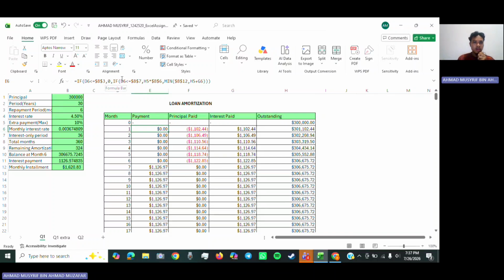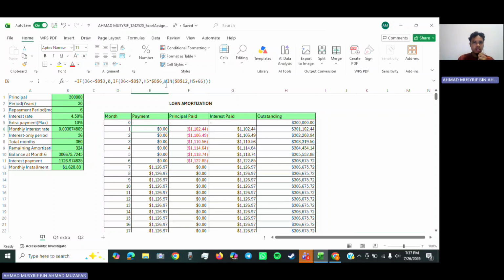If month is less than or equal to 36, which is interest only payment, the payment is the previous outstanding balance multiplied with the monthly interest rate.